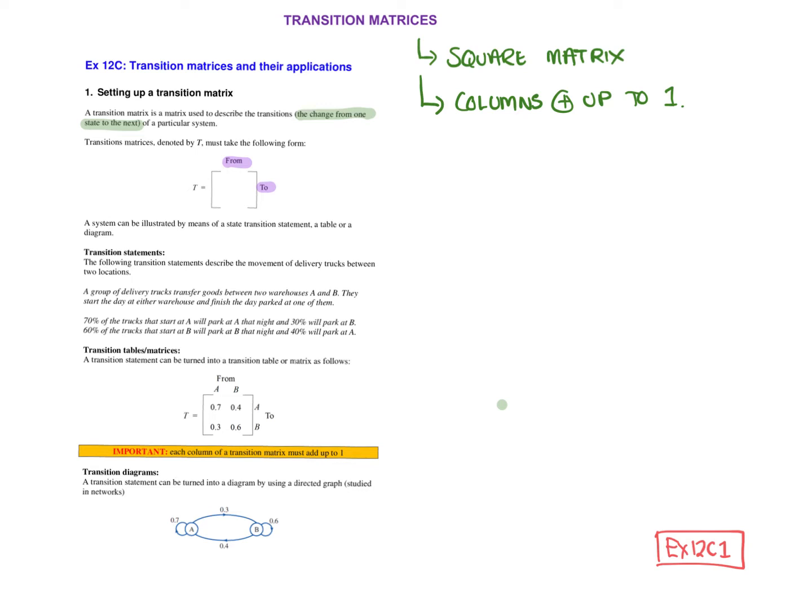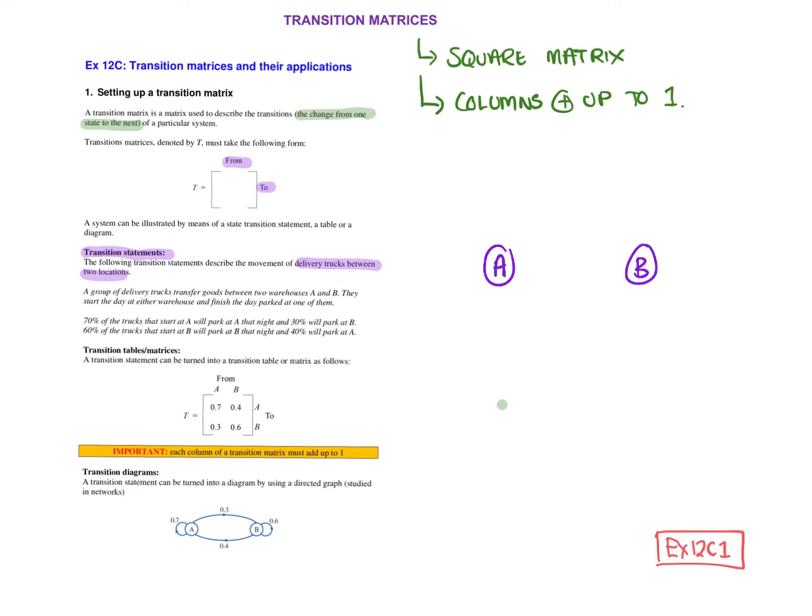All right, so we're going to do this example here. We've got the delivery trucks between two locations. They can set it up and say 70% of the trucks that start at A will park at A that night, and 30% will not. So you've got this trucking company, and they've got two locations where they can park the trucks at the end of the day.